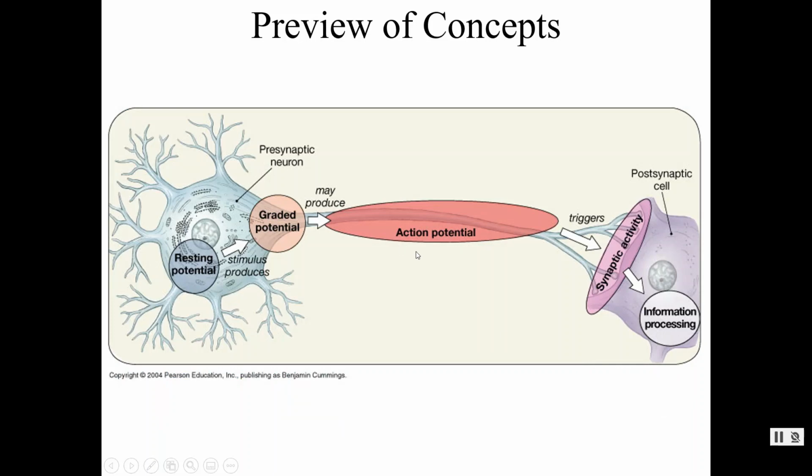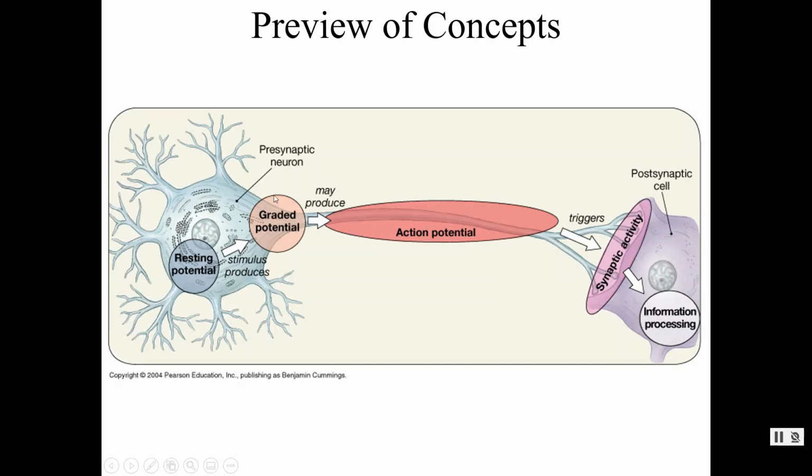This is just kind of a conceptual view. We have our dendrites that would receive incoming signals. Our resting membrane potential here, again, would be -70. If we start doing graded potentials at the axon, we're hoping to hit threshold.